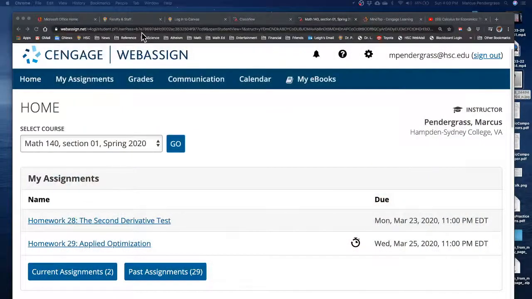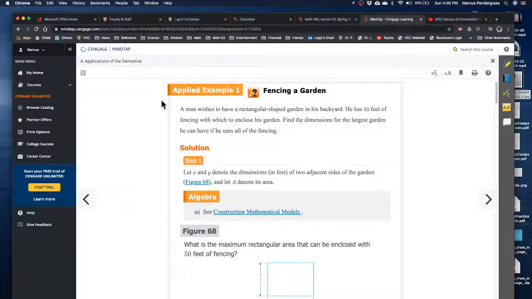I want to actually use the ebook here. There's a nice example, and we're in section 4.5 of our text right now. Their very first example gives a lot of the essential components of the kind of optimization problem we'll be looking at.